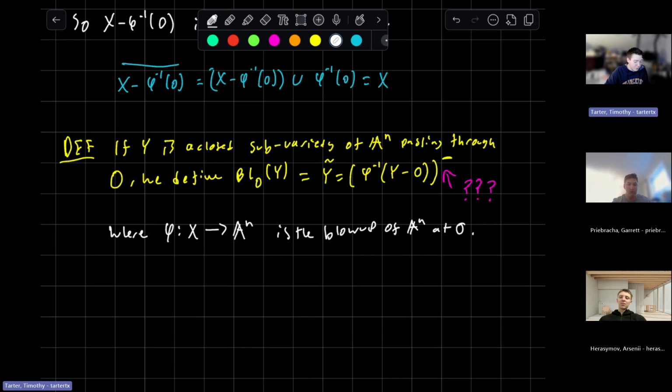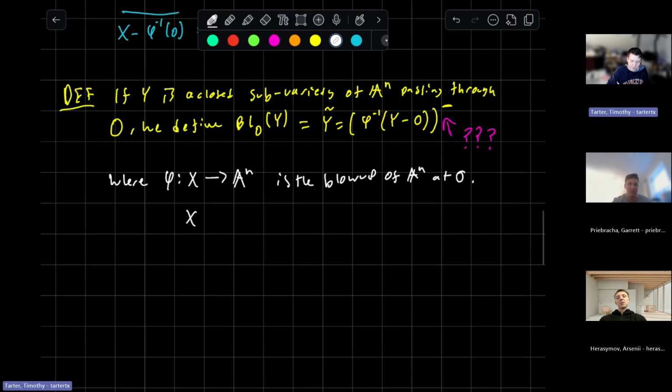Well, for whatever it's worth, X is injective to A^n times P^(n-1). This factors down to A^n through phi.